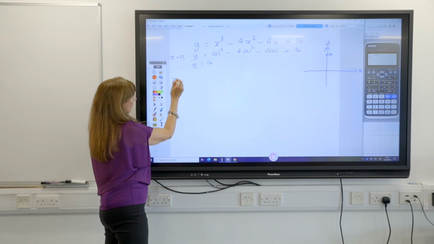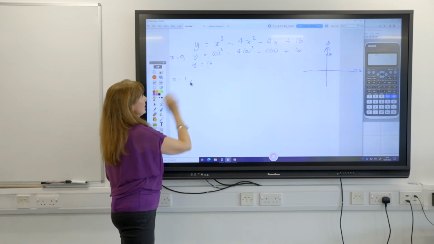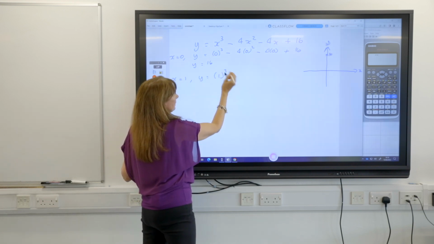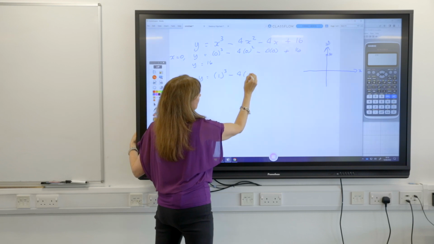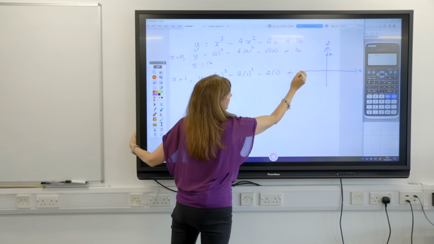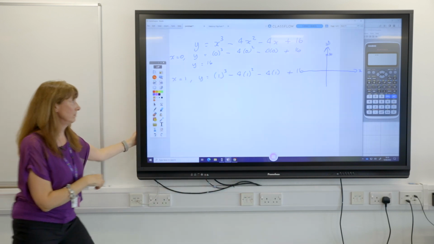If we said x equals 1, and we substitute it into our equation, so y equals 1 cubed minus 4 times 1 squared minus 4 times 1 plus 16. And we're going to try and see if our answer is 0.